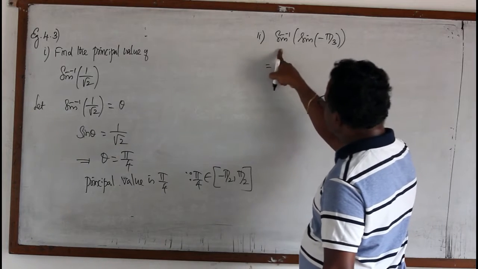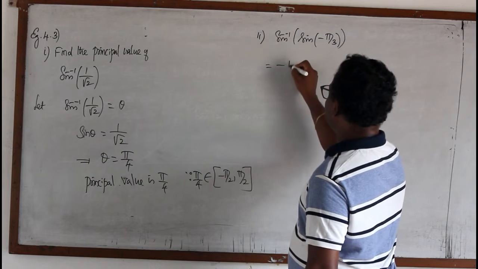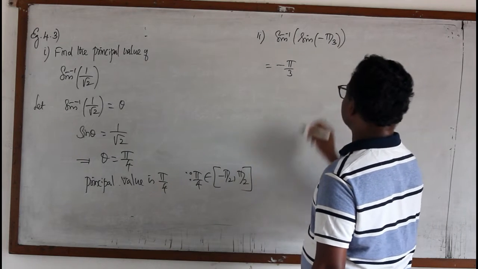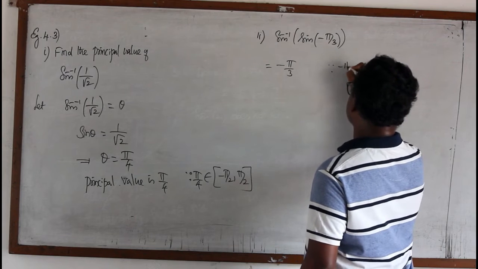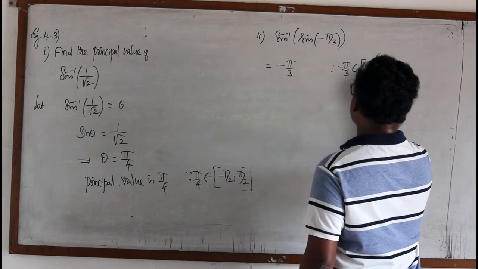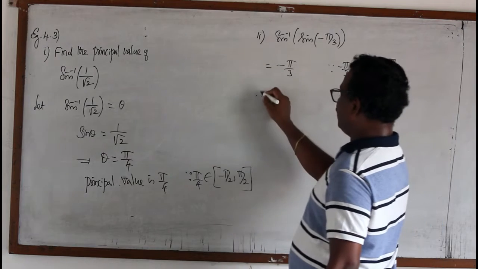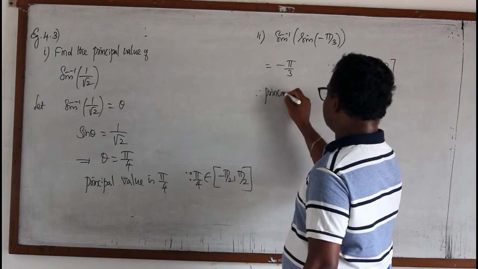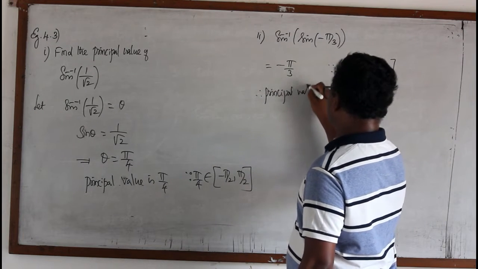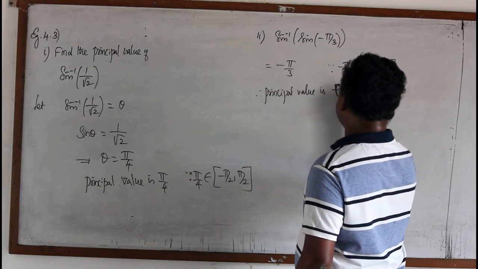Therefore, sine inverse and sine cancel, so I will have only minus pi by 3. This will exist since minus pi by 3 belongs to minus pi by 2 comma pi by 2. Therefore, the principal value is minus pi by 3.